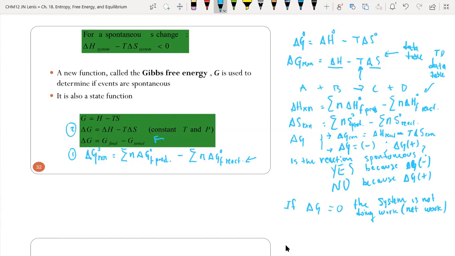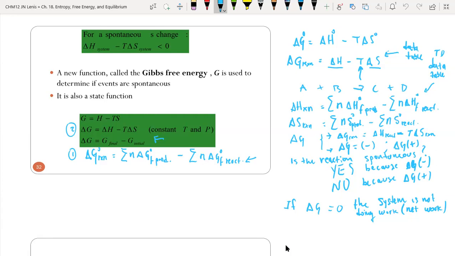When delta G is negative, the system is doing work on the surroundings. When delta G is positive, the system is not doing work.